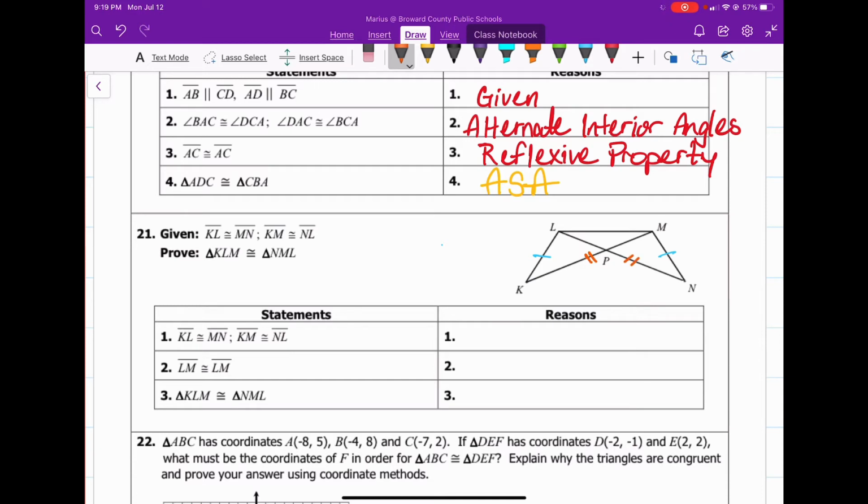And for this one, I'm putting the markings near the intersection. Now, also, as a result of that intersection, we have what we call vertical angles, right? So we have vertical angles right here as a result of that intersection.